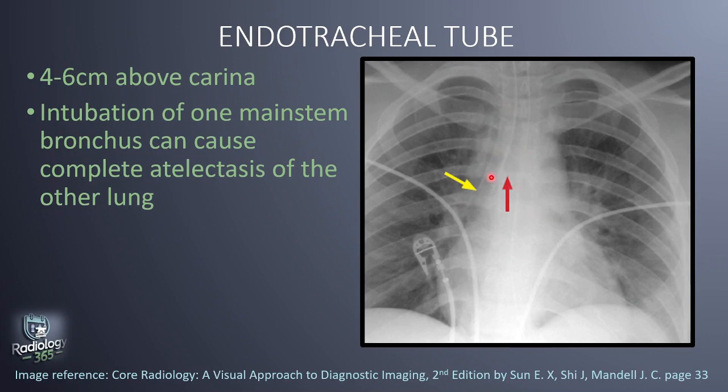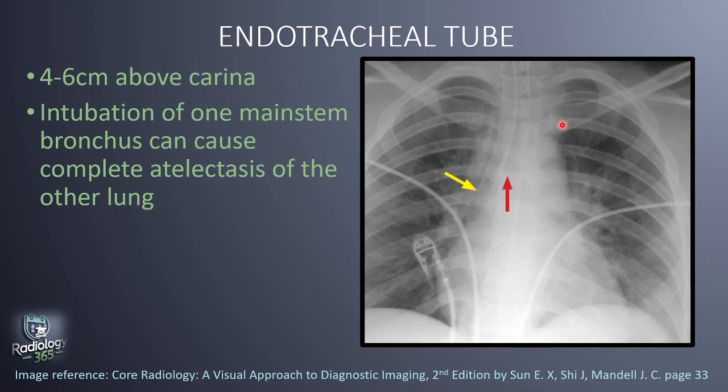In a case like this, if this patient is mechanically ventilated, only the right lung is involved in gaseous exchange. The left lung would have all its oxygen absorbed, and then after everything has been absorbed into the vasculature, there's no air coming back into the lung to continue respiration.